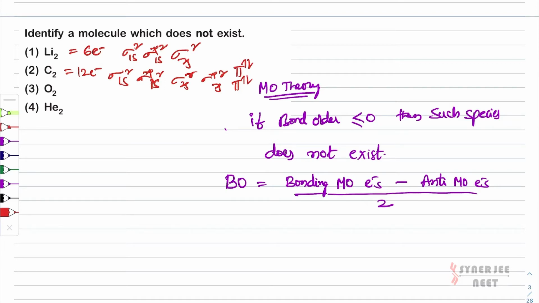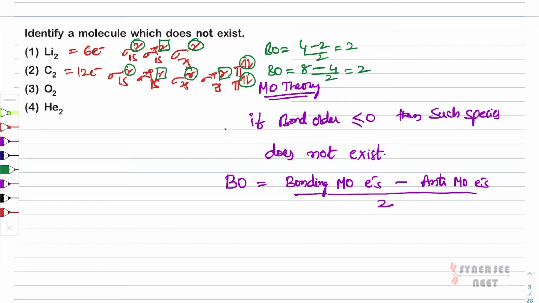If you calculate the bond order up to here, in the first case, Li2, it is bonding electrons, which are 4, minus anti-bonding electrons, divided by 2. It is a positive quantity, it cannot be 0. Now for the second one, the circled electrons are the bonding electrons, which are 8, anti-bonding electrons are boxed, 4, divided by 2, so 2. Here also the bond order exists.